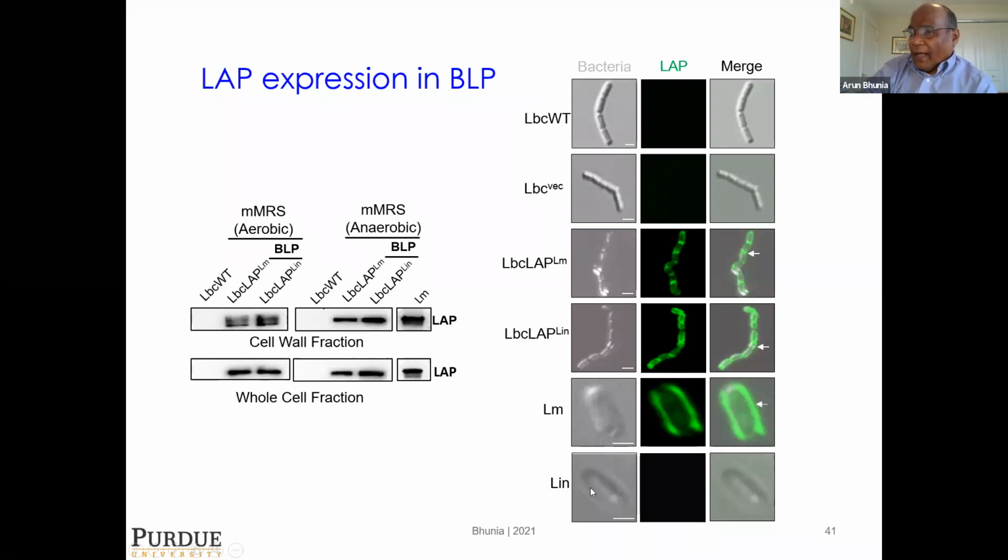In LM, you can see the surface expression. Listeria innocua, as a wild type, doesn't express it on the surface. So I keep saying that Listeria innocua makes this protein, but it doesn't really come back and bind on the surface, and that may be the reason why LAP is not functional in Listeria innocua. But this confirms again the surface expression of LAP in the bioengineered probiotic.